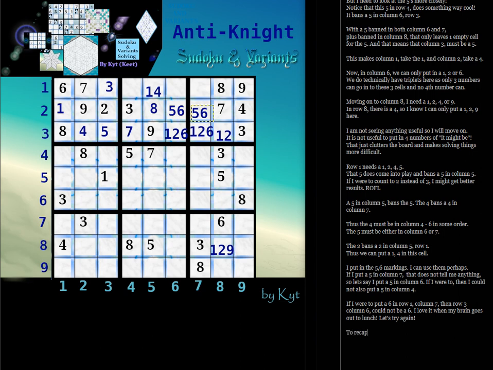Okay, to recap, we know that a 5 will either be in row 1, column 4, and in column 7, row 2, or the 5 will be in column 6, row 2, and column 7, row 1.